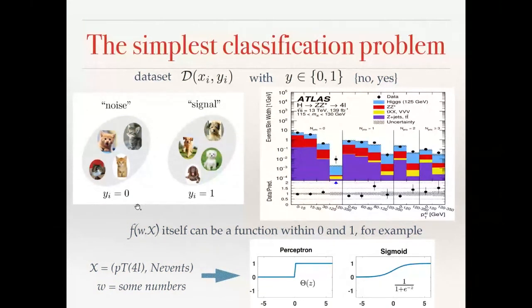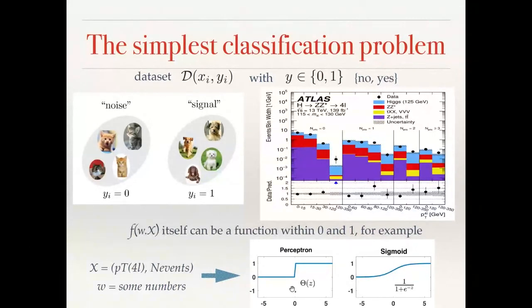Or if you want to think in terms of probabilities, you might give an output that is neither 0 nor 1, but a number between 0 and 1, with the closer to 1, the more signal it is, and the closer to 0, the more noise it is. So you might take your inputs, and the transformation, the model you propose, might not give you simply 0 or 1, it might give you something in between.